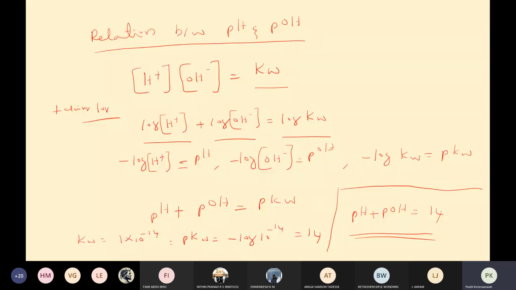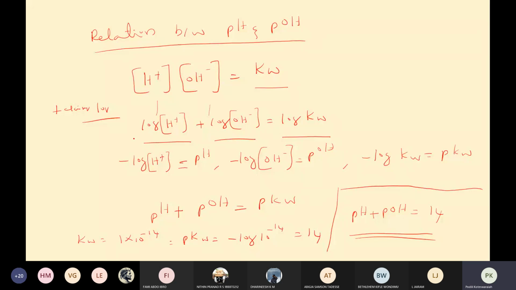So from this we can understand the relationship between the pH and pOH. When we take the logarithm here, log a into b becomes log a plus log b. So when you apply the logarithm, it becomes log [H+] plus log [OH-] is equal to log Kw.